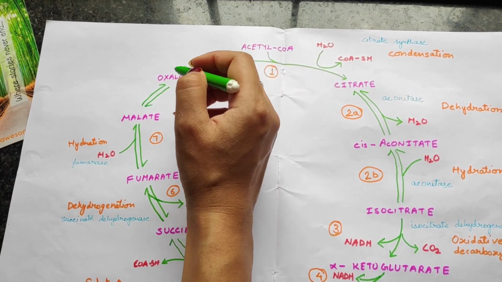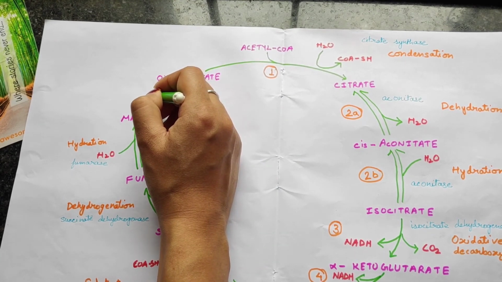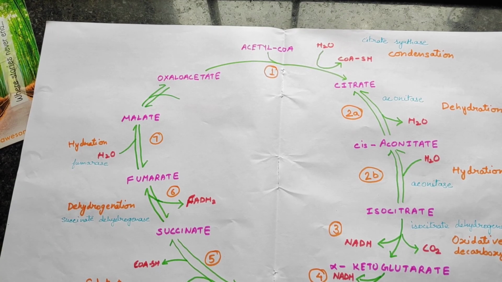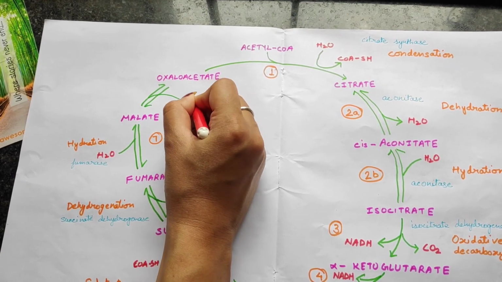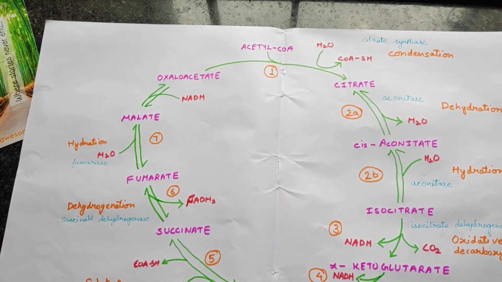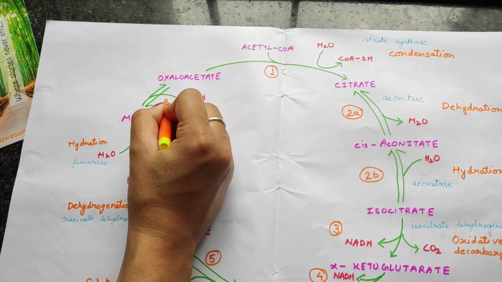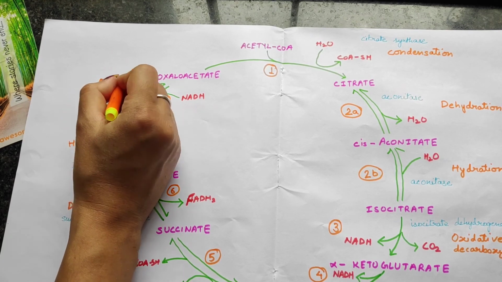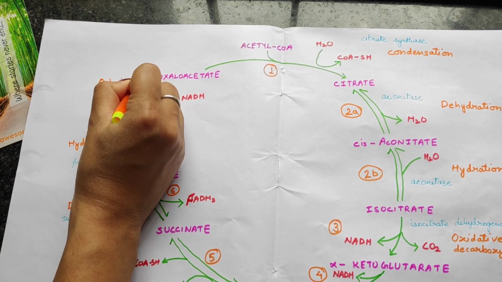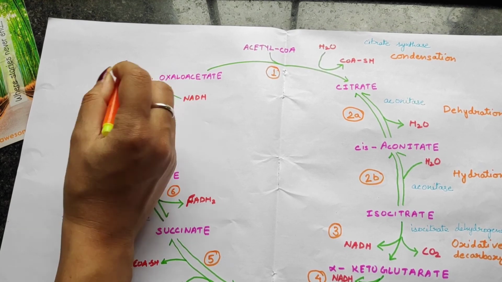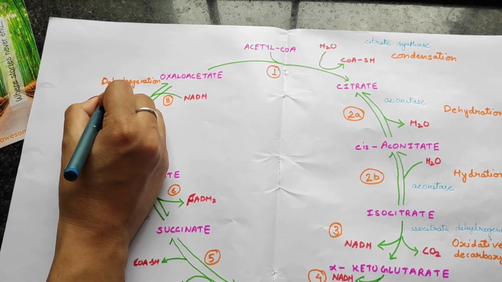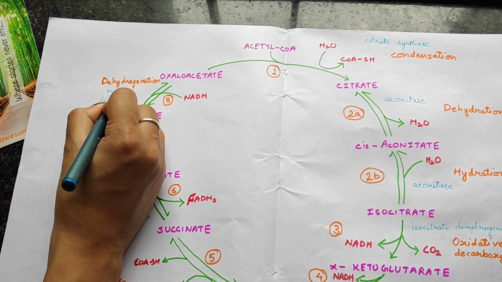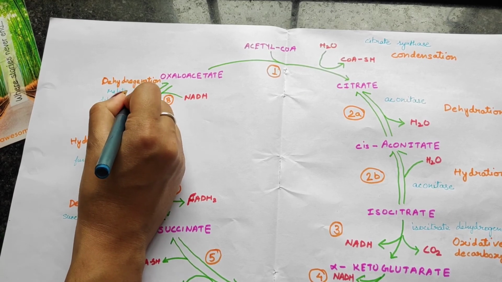This is also a reversible reaction. This step will give one molecule of NADH. Here dehydrogenation is taking place, and the enzyme that catalyzes this particular reaction is called malate dehydrogenase.